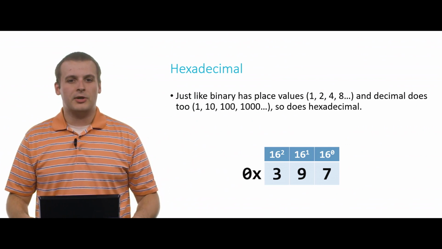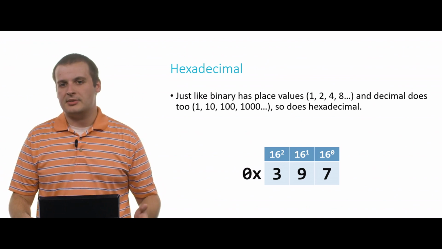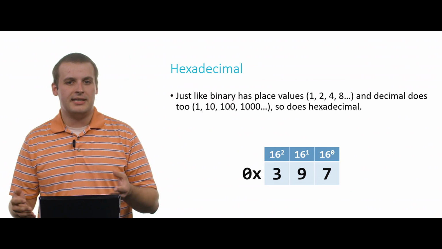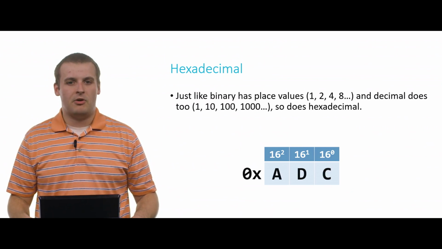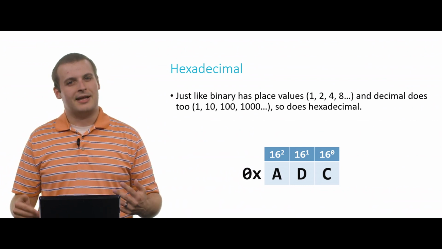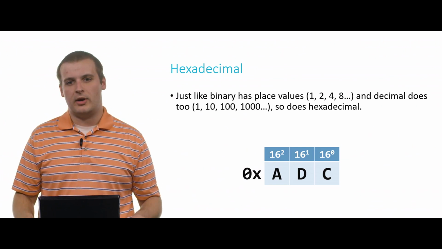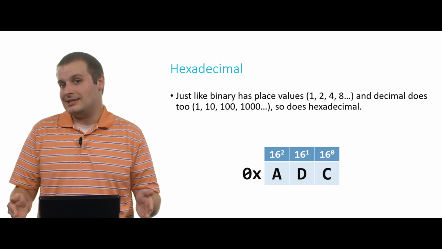So this number is really 3 times 16 squared plus 9 times 16 plus 7. I didn't do the math here, but it's not 397. It's much, much larger than that. Similarly, we could have 0xADC. Well, that's A times 16 squared, or if we translate that to our notion of decimal numbers, that's 10 times 16 squared, plus D times 16, or plus 13 times 16.